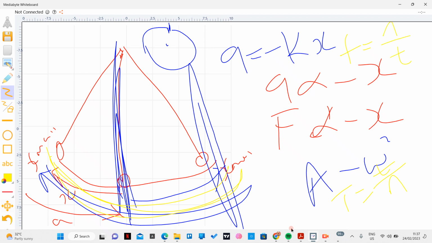You notice that the relationship between the period and the frequency is inverse. So 1 over period T is equal to f, and frequency is also 1 over T.